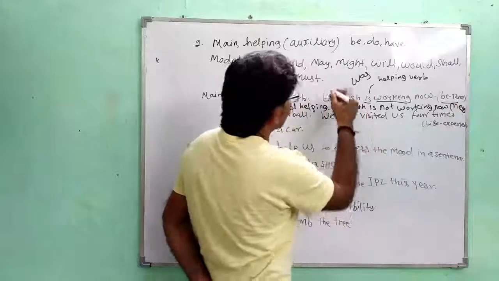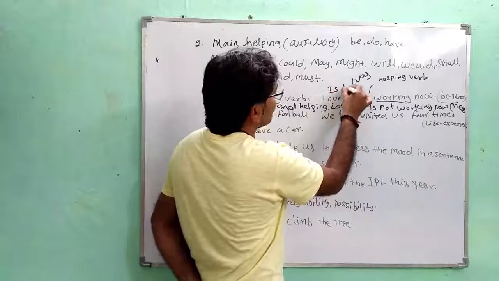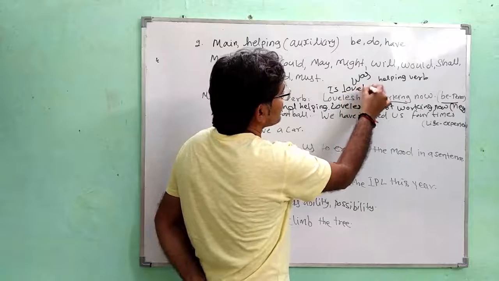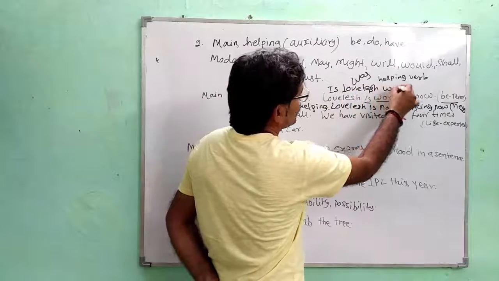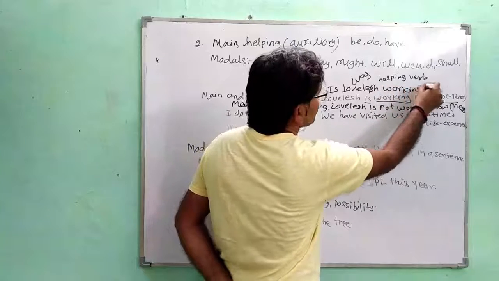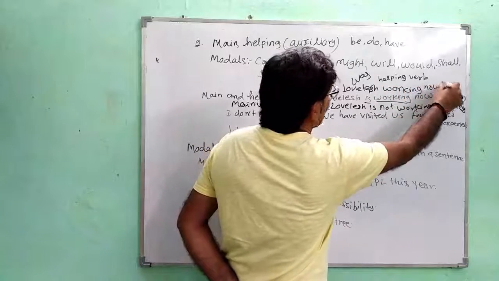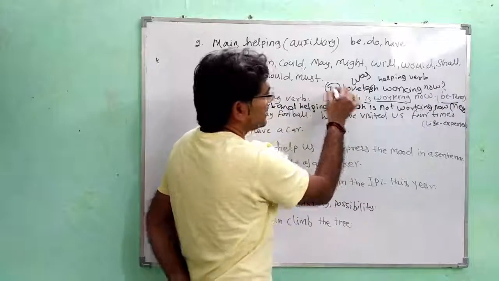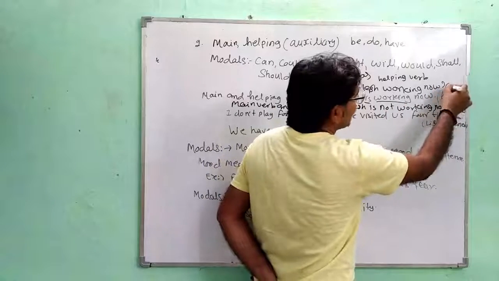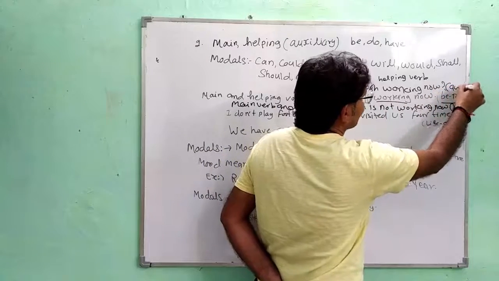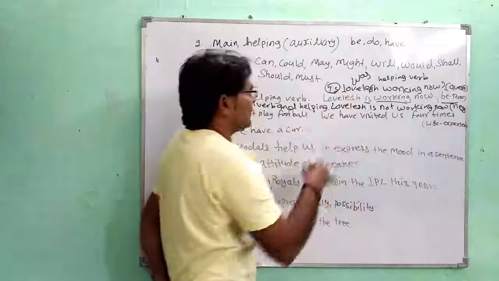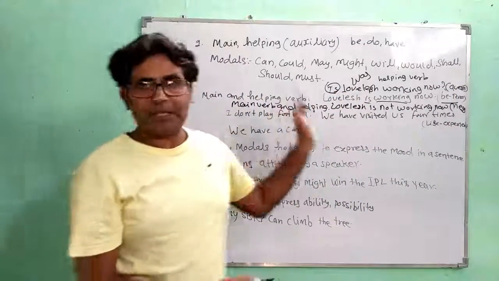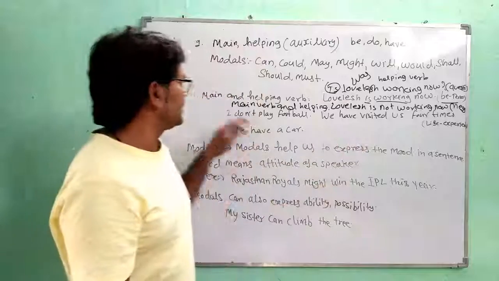And if I say, is Loveless working now, what is the helping verb doing here? The helping verb is asking a question in this sentence. And again, is is the helping verb we use for present tense.